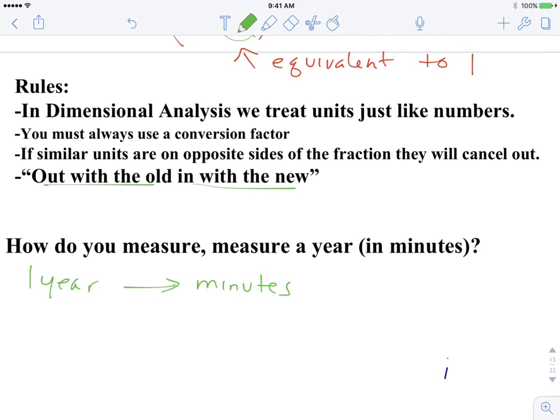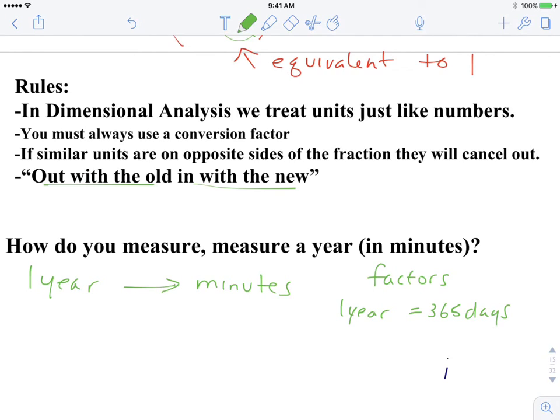Well, I know some things about time. What are my factors? What are my dimensional analyses here? Well, my factors include these. I know that in 1 year, there are approximately 365 days. You might have used 365.25, that's great.